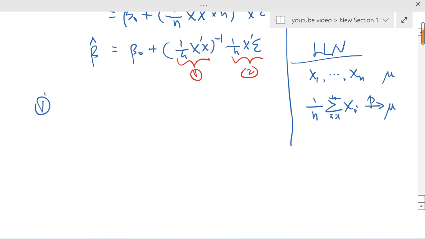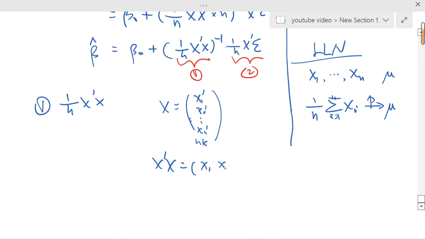Okay, let's check the first term, 1 over n x prime x. Note that x is x1 prime, x2 prime, up to xn prime, so it's n by k. So x prime x is x1, x2, up to xn times x1 prime up to xn prime. So this is just the sum of xi xi prime.